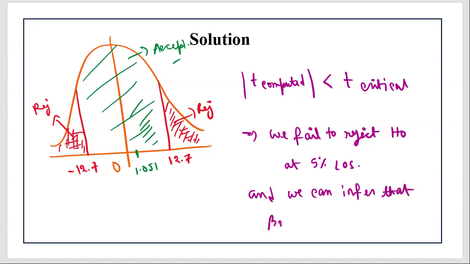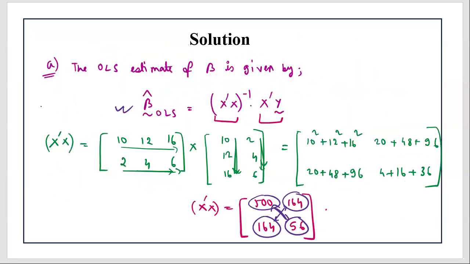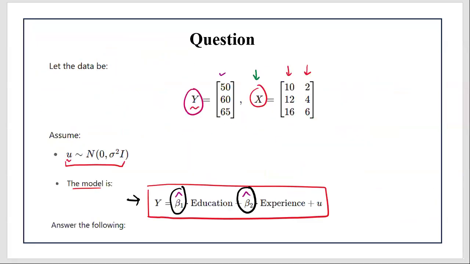that beta 2 is actually equal to 0, which basically means beta 2, the beta 2 C from the original model. If you look at it, beta 2 is C, the coefficient of experience. So if your testing is saying that beta 2 equals 0, it means the variable experience is not a statistically significant variable.